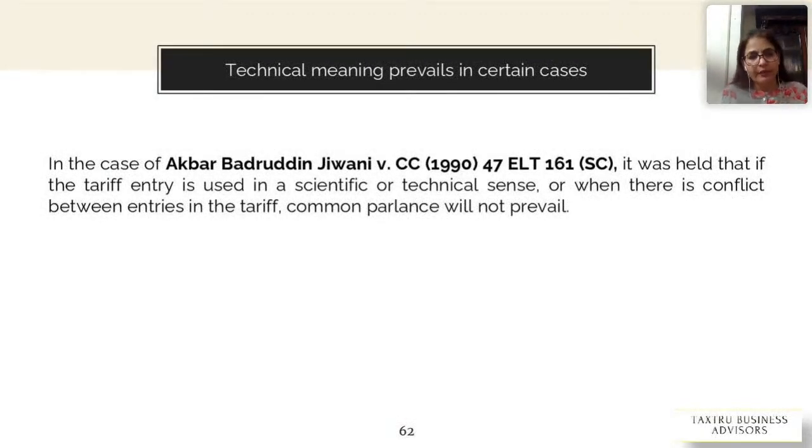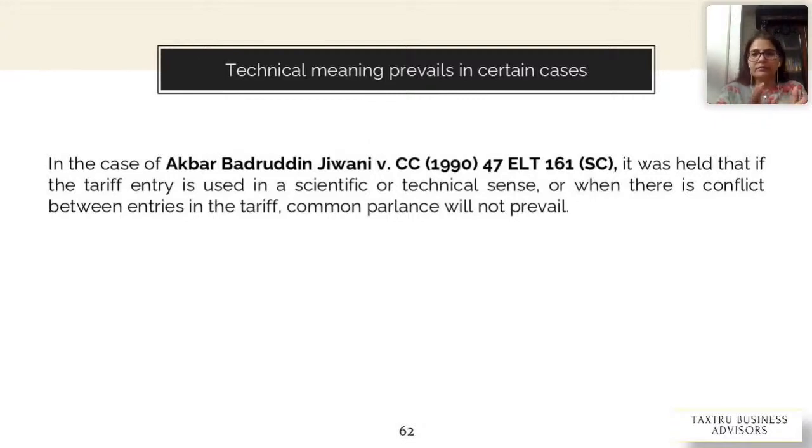Similarly, in case of Badruddin Jivani, it was held that if the tariff entry is used in a scientific or a technical sense, or where there is a conflict between the entries in the tariff, common parlance will not prevail, because they are specific things. They are used in some specific kind, so you cannot just see what this is commonly used for.